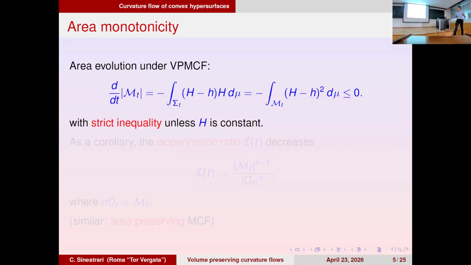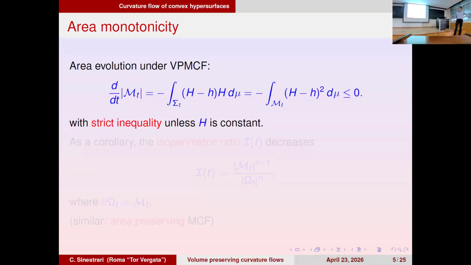This is the case of the mean curvature flow, but it was also observed since the beginning that if you compute the evolution of the area, well, it's an easy computation. You find this expression, and using the definition of small h, you can rewrite it in this way, and in this way it looks very nice.